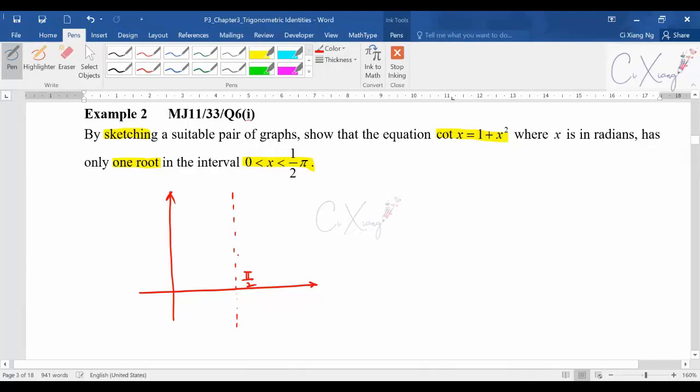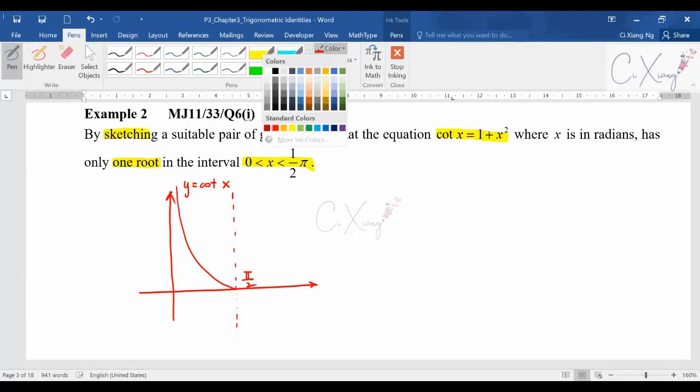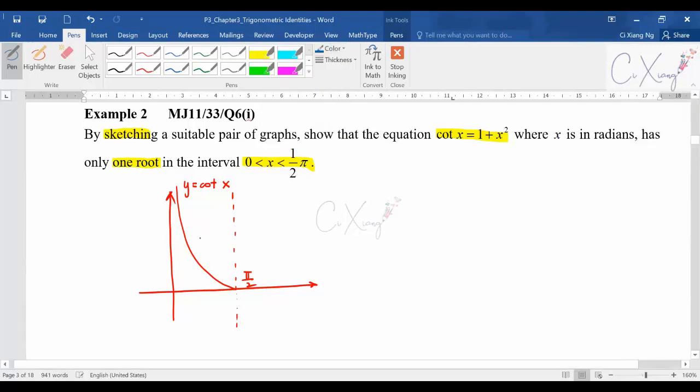If you didn't draw it wrongly, you should have something like this. This is y equals tangent x. After that, I have the value 1 here. And then the curve going up is y equals 1 plus x squared.